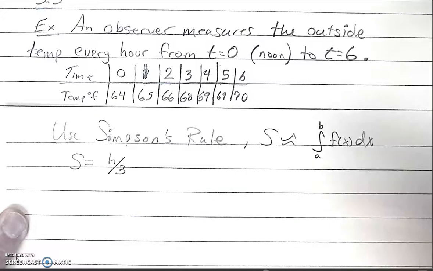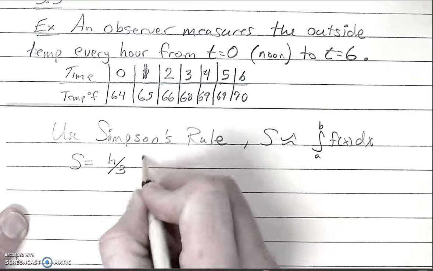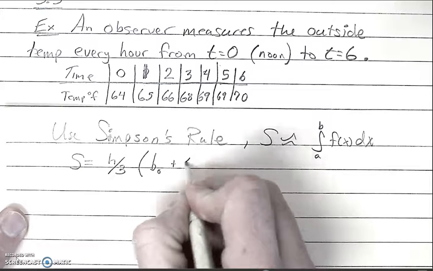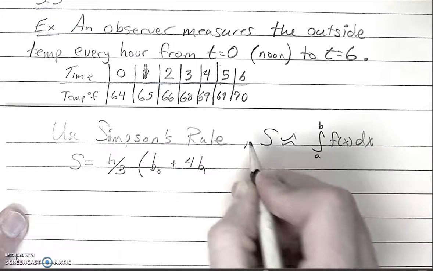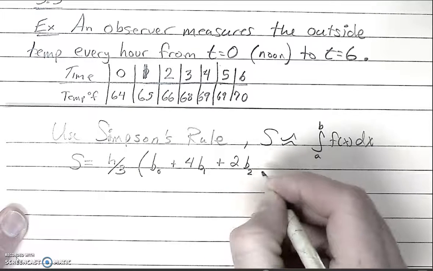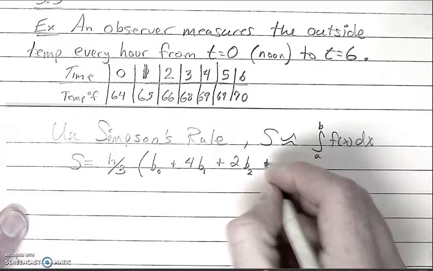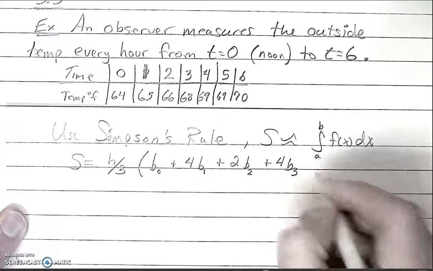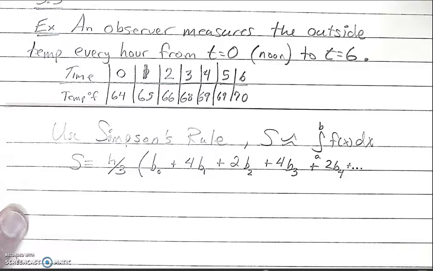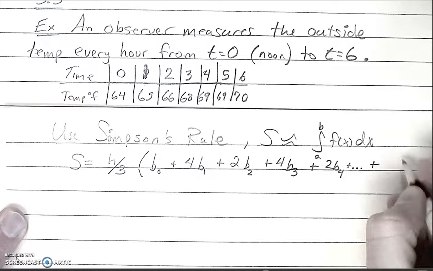So same exact height of each subinterval, times that first base, base sub 0, plus 4 times the base of 1 plus 2 times the base of 2 plus 4 times the base of 3 plus 2 times the base of 4, and then that continues all the way out until you get the last base, which would be base of n.